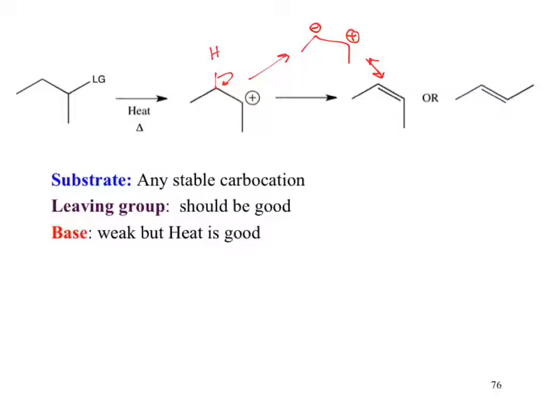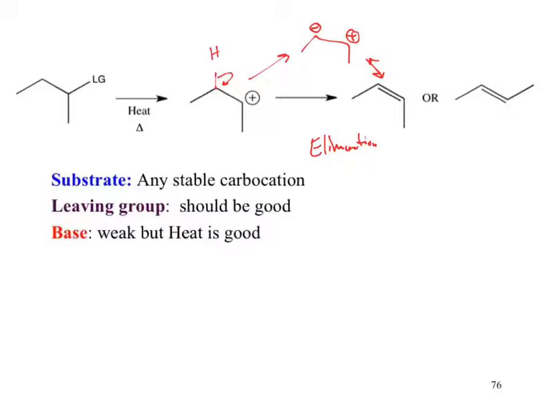Okay. It's a little bit trickier than that, because we also form the double bond, so we can't call it strictly acid-base. We call it an elimination, but then we have to be more specific. What did we eliminate? We eliminated a hydrogen, and this is where I kind of disagree with the textbook in their naming system, but I kind of understand where they're going with it. We are eliminating a positively charged species.